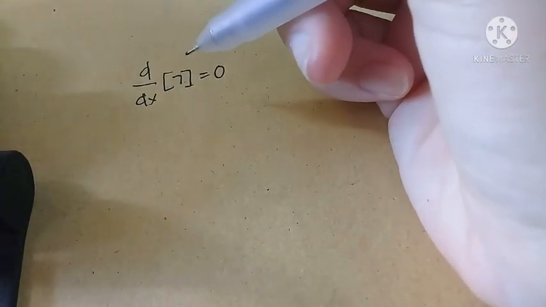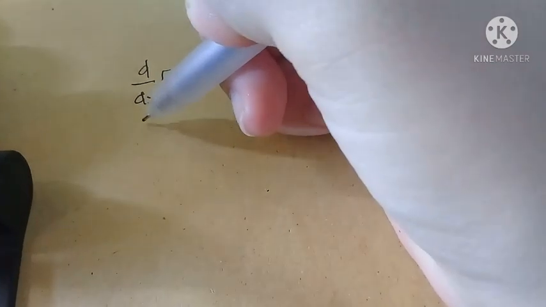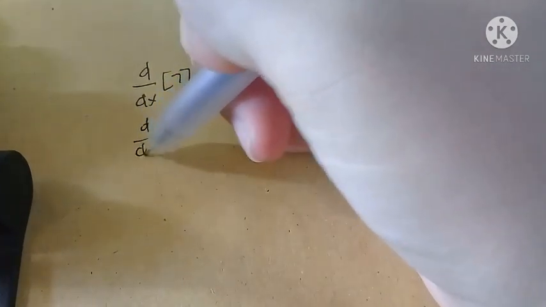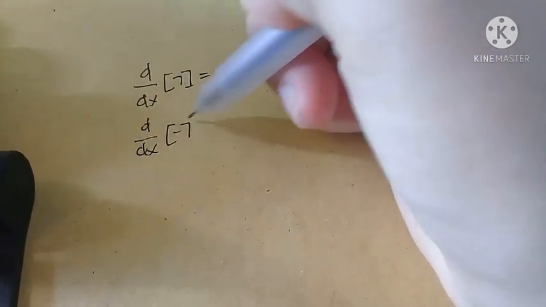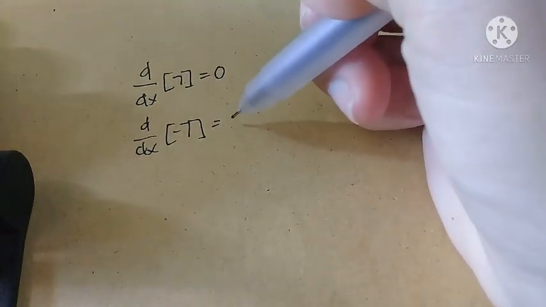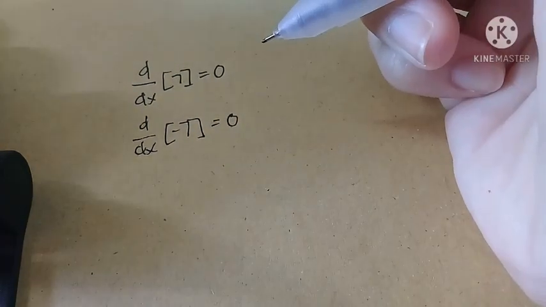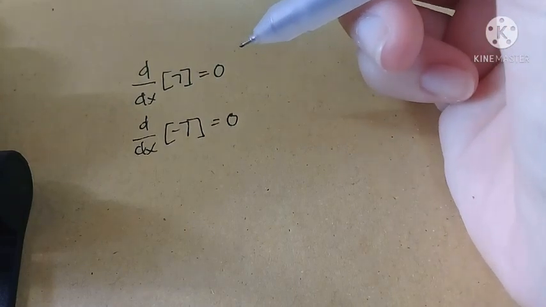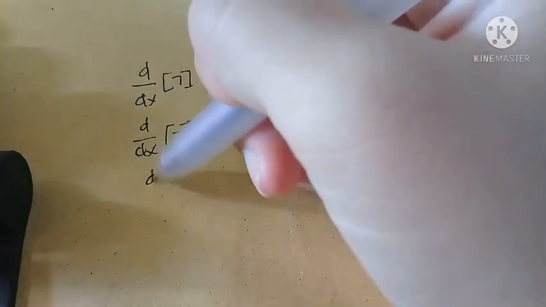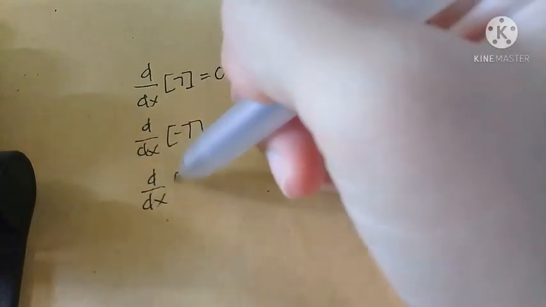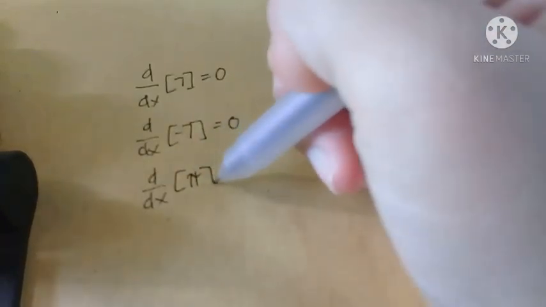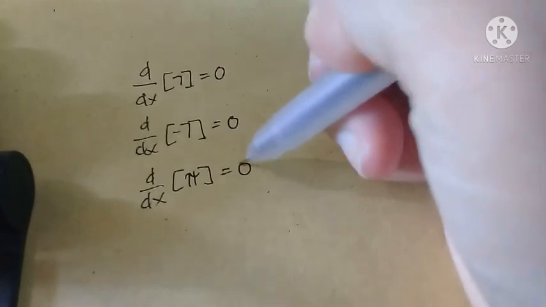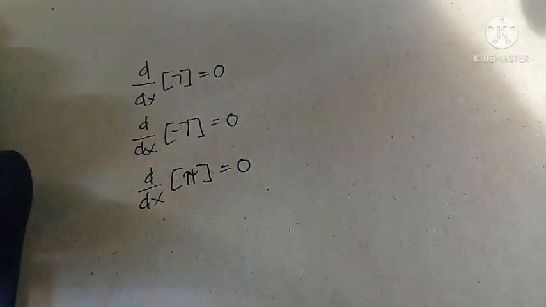Also, if we differentiate negative 7, the derivative of negative 7 is equal to 0. What if f of x is pi? So the derivative of pi is equal to 0. That is the constant rule.